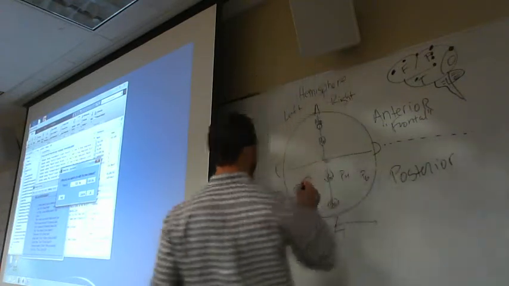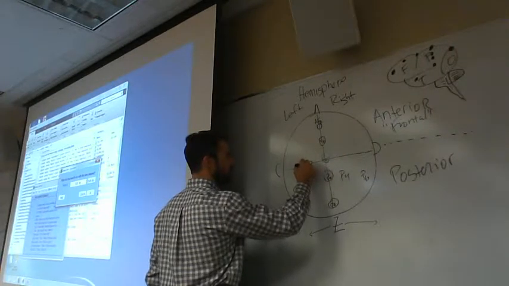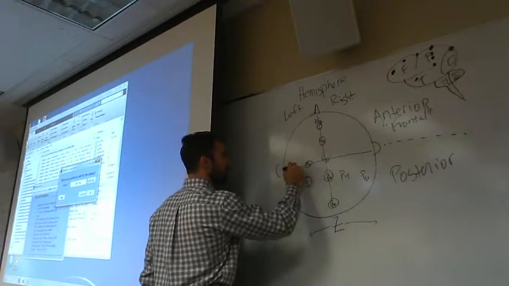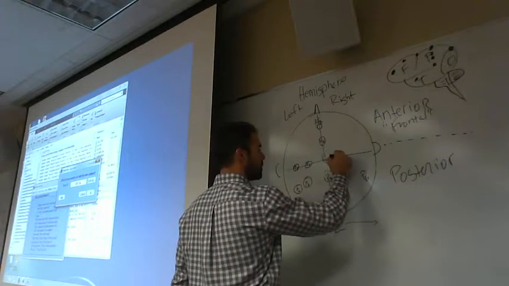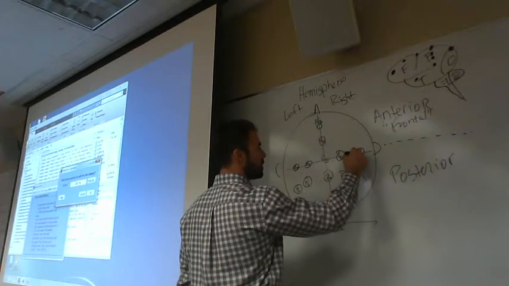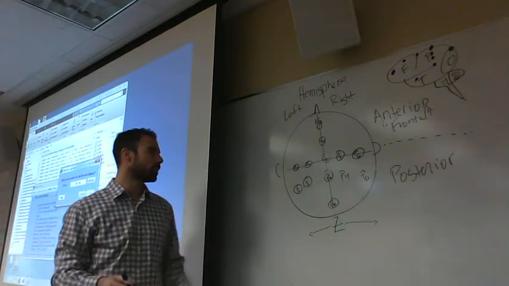Likewise, you can have central, so you have C3, say C5, C2 or C6, whatever.